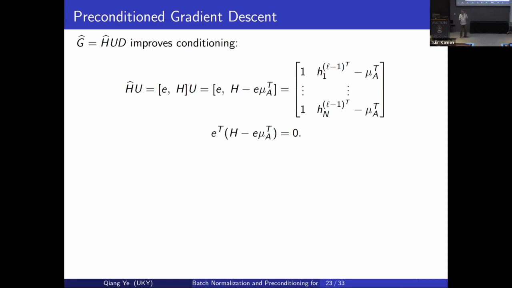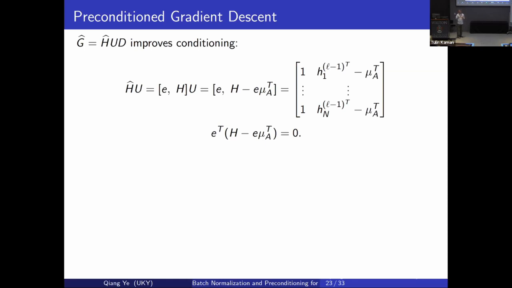Another way to say it: it's centered at 0 after subtracting out the mean. In terms of the matrix, the first column is orthogonal to the remaining columns when you center. So it's basically an orthogonalization process against the first column.